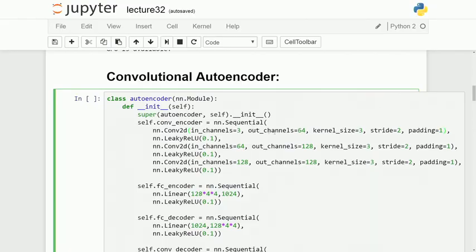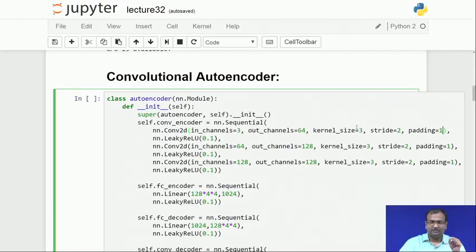So, if your input is 32 cross 32, then it becomes 32 minus 3 plus 2, which is 31, divided by the stride of 2, plus 1. That brings it down to a 14 cross 14 size.